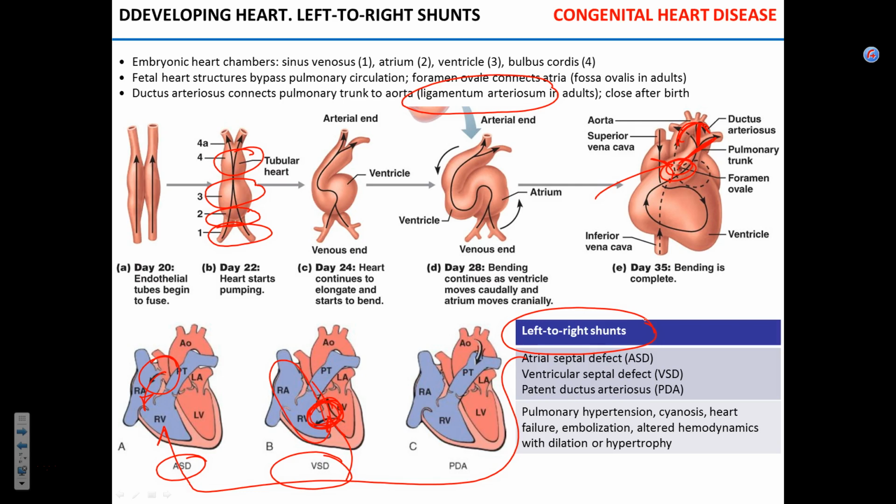First outcome, think about this. More blood than needed in the pulmonary circuit, pulmonary hypertension. Oxygenated and non-oxygenated blood mix, cyanosis. Lack of proper oxygen delivery to the tissues.